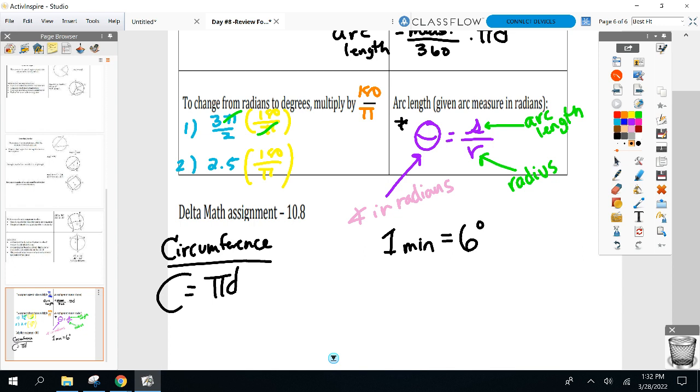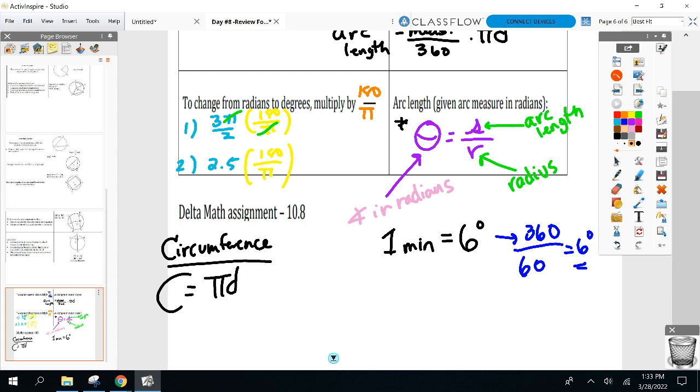Here's how you remember it. On the clock, I go from 12 to 12. How many degrees am I going? 360. The clock's broken up into how many equal minute marks? 60. So if I go 360 and it's divided into 60 even pieces, that's where you get your 6 degrees from. So there'll be a problem involving a clock tomorrow, and I think I put some on the Delta Math too.